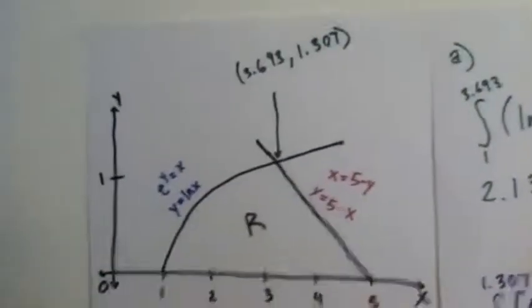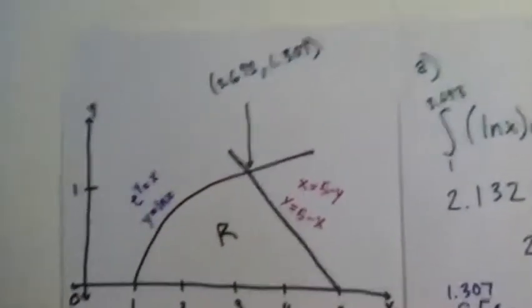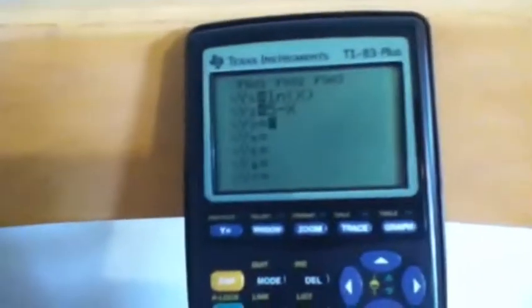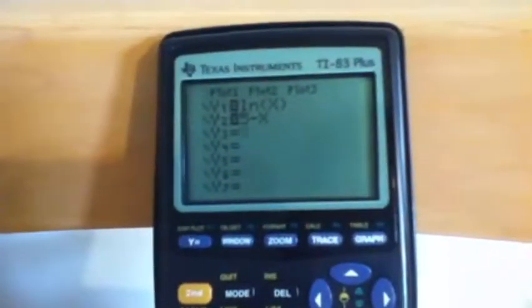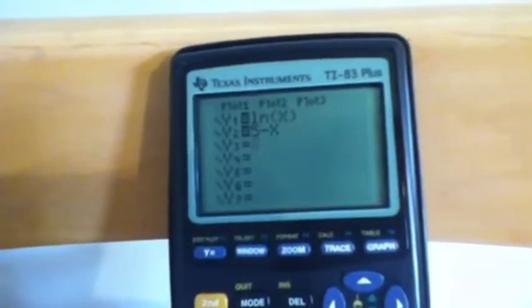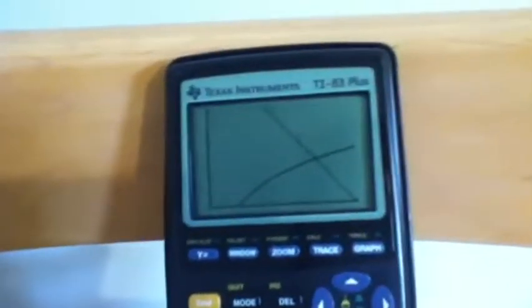And to do that, the first thing we need to do is find what this point of intersection is. So to find the point of intersection, you go to your calculator and you put ln x into y1 and 5 minus x into y2. And then you graph it, and it comes out like this.